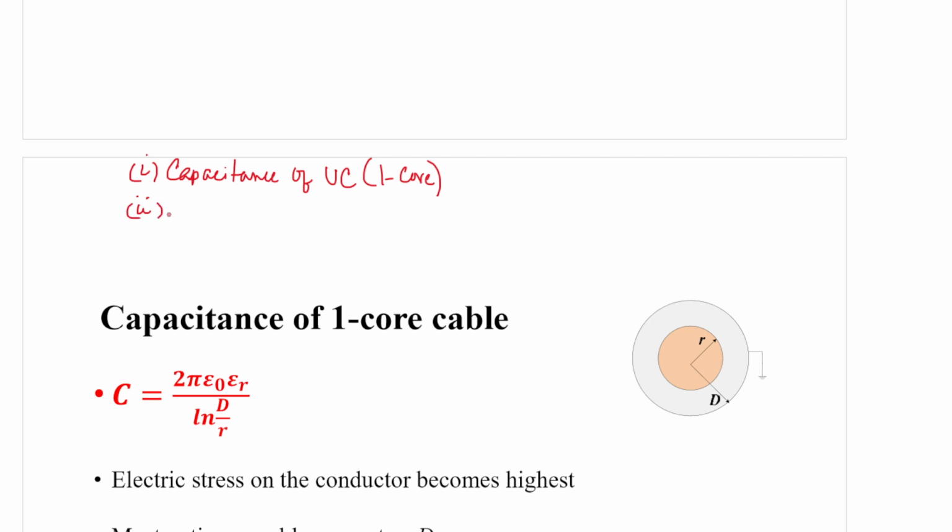And second aspect, the variation of electric stress.